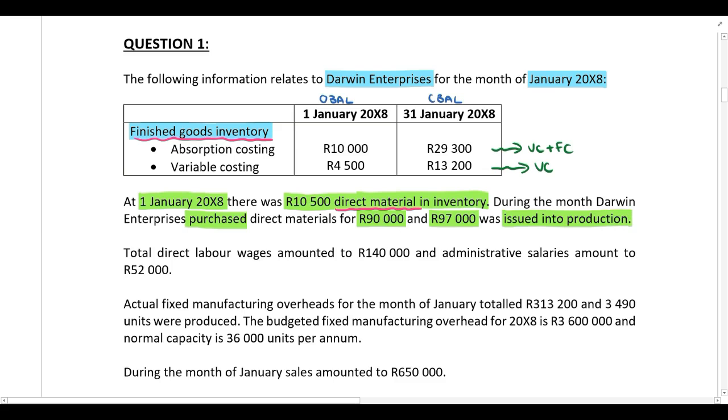All right, so that paragraph gives us all of the information relating to our direct material inventory. Total direct labor wages amounted to 140,000 Rand and admin salaries amounted to 52,000 Rand.